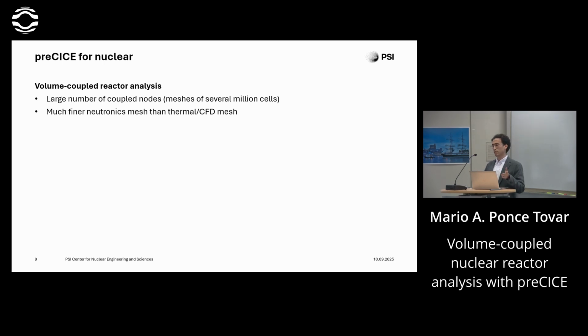And especially also the local resolution of the meshes can vary a lot. So the mapping is important. And in general, they're fairly expensive. So the more times you need to iterate in order to converge in a certain coupling window, the worse. So it's something that can really benefit from any acceleration.